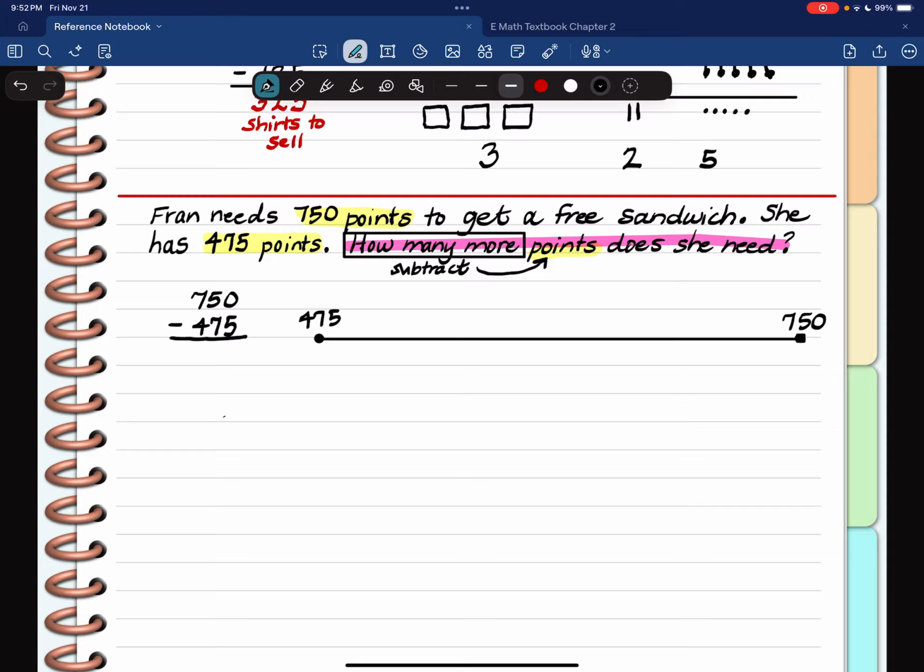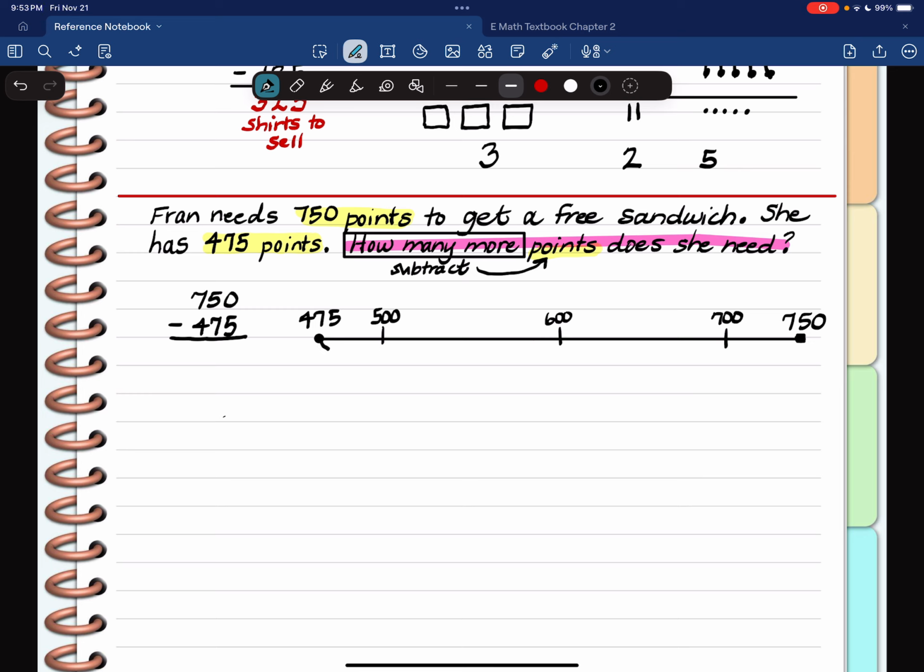So they have taught us to go to the nearest benchmark. So I know that 500, I have hiccups, I think. There's the nearest benchmark. And then we would have 600, then 700. And so let's look at this number line a piece at a time.